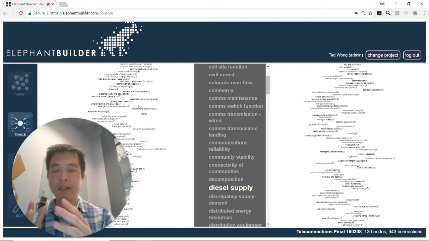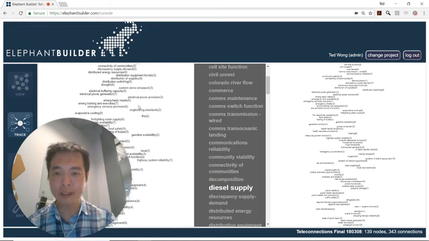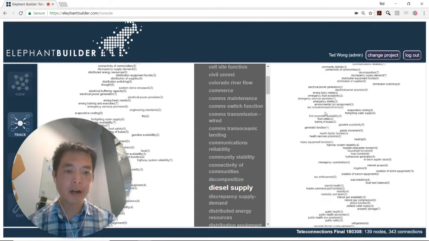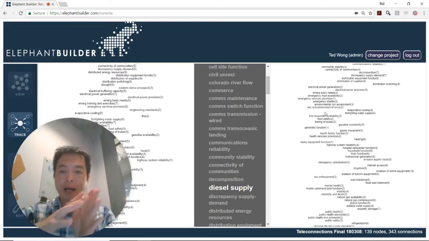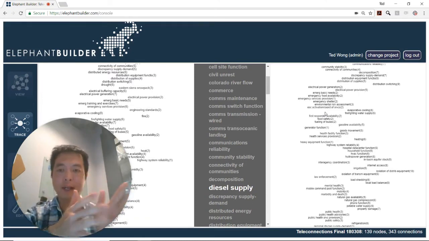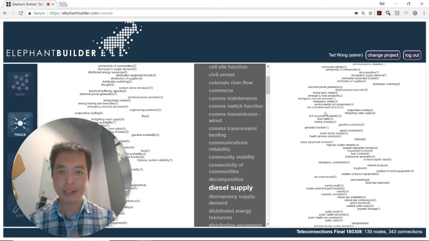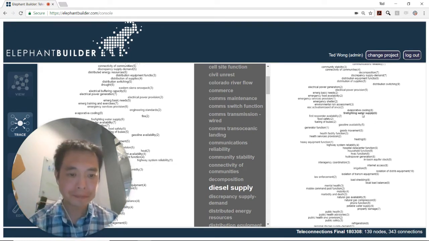These are all causally upstream of diesel supply. And I can zoom in to make these words bigger. And in the right-hand panel are all the nodes that are causally downstream, all the nodes that are somehow influenced by diesel supply, by whatever numerous complicated causal paths that exist in that model.